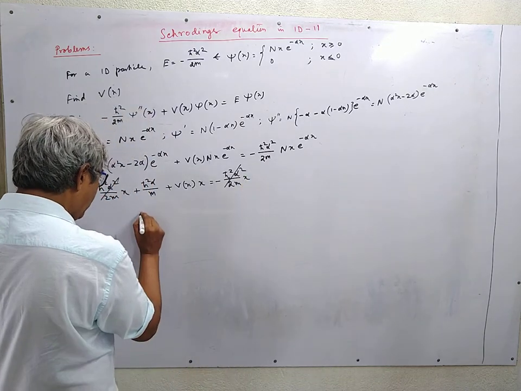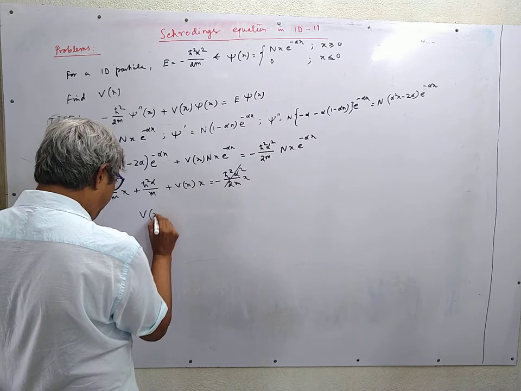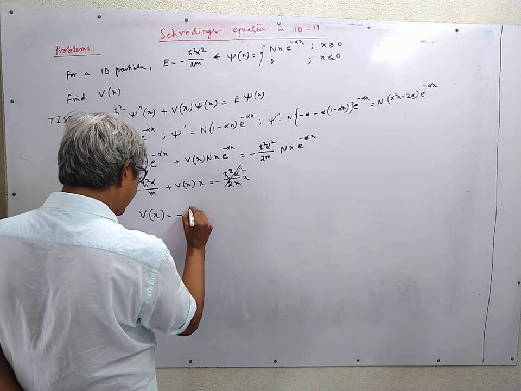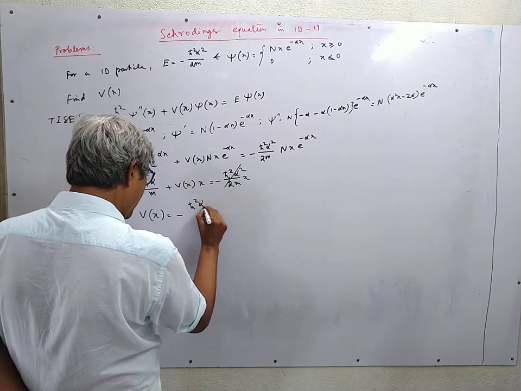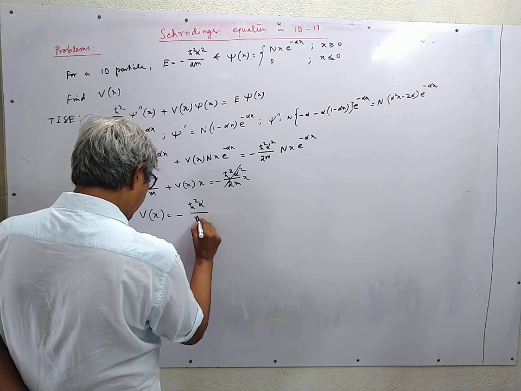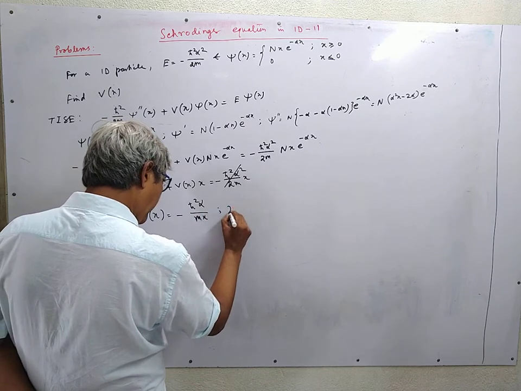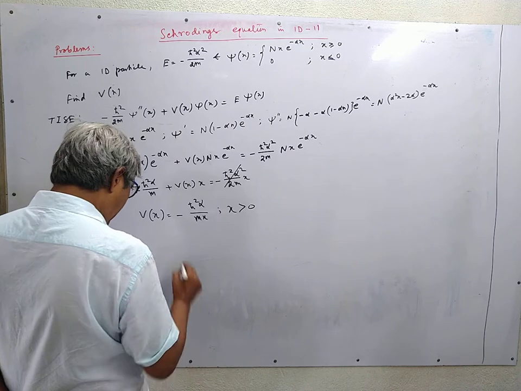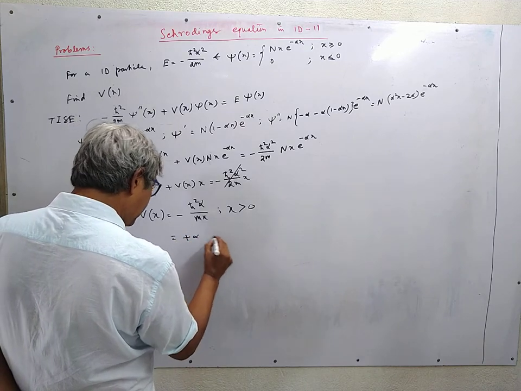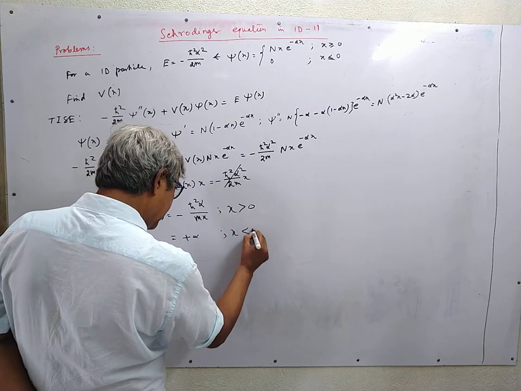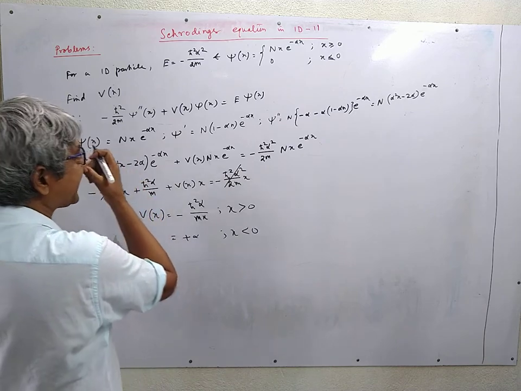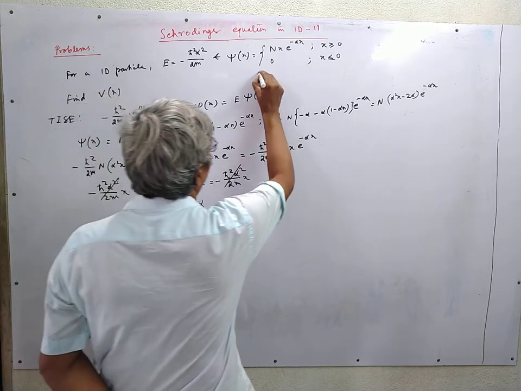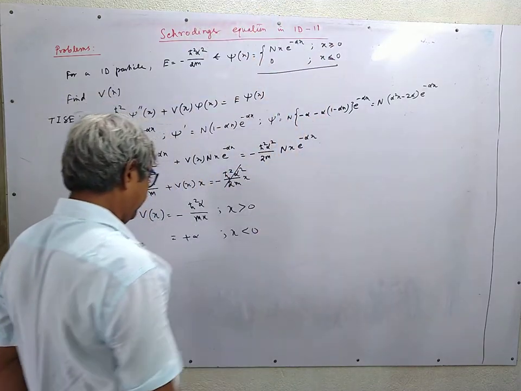So we have V of x equal to minus h-bar squared alpha by m x for x greater than 0, and this is plus infinity for x less than 0, as the particle cannot penetrate to the left of the origin.